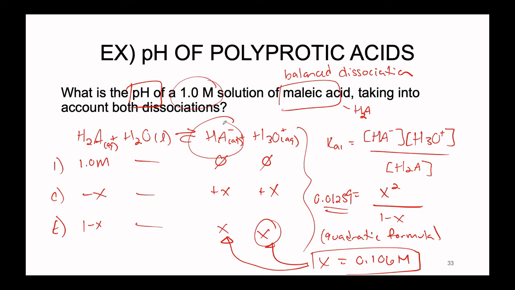So we're going to start with the concentration we just calculated, 0.106 molar HA minus, and this is the amount that is going to start breaking up in the second step. If you haven't written everything down, please do so. I am going to erase the slide and start the second set of calculations just to demonstrate what the polyprotic acid calculation is going to look like.